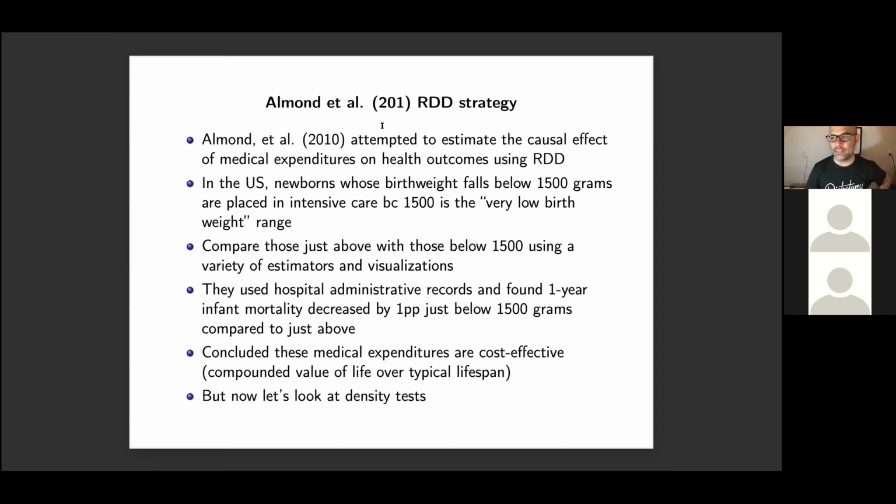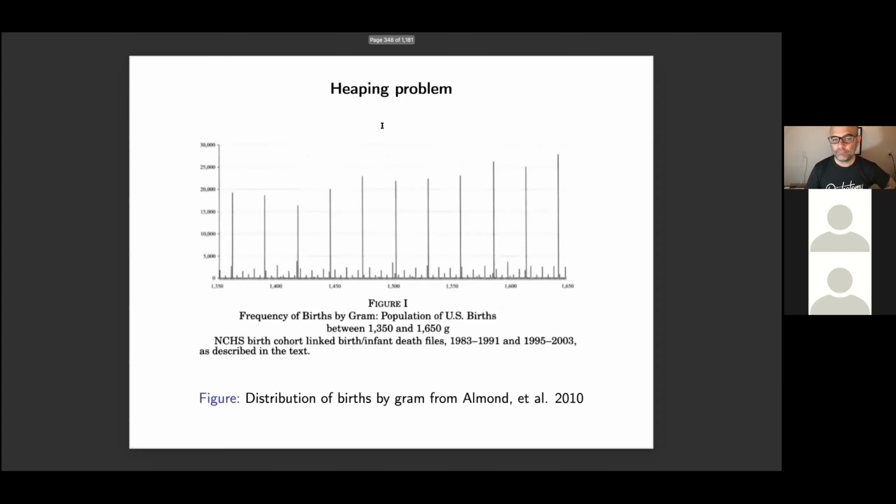But let's look at the density tests. So this is the density test. I want you to look closely at this. Look what we have. We see a strange pattern in the data. These are observations, not mortality outcomes.